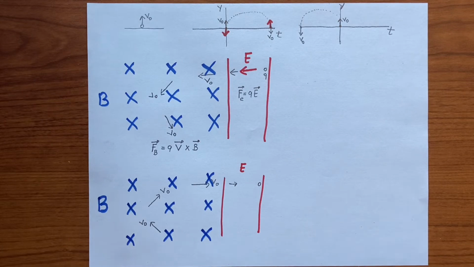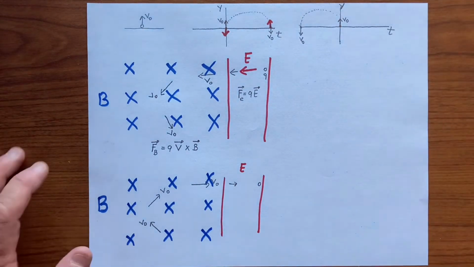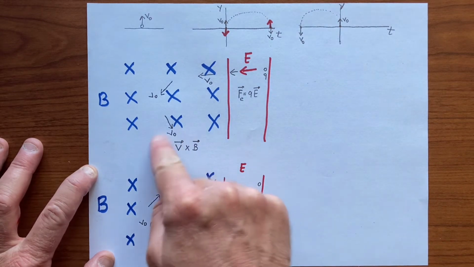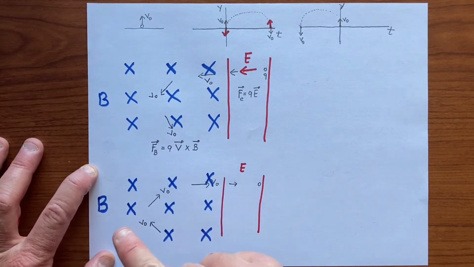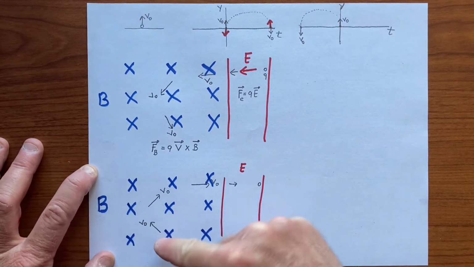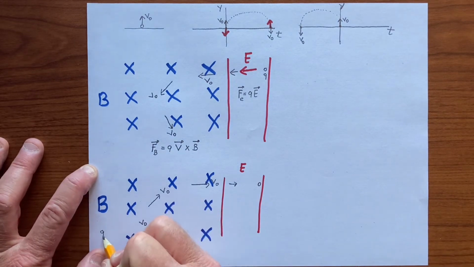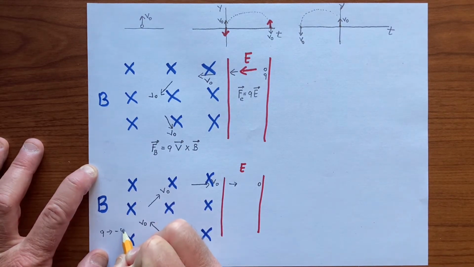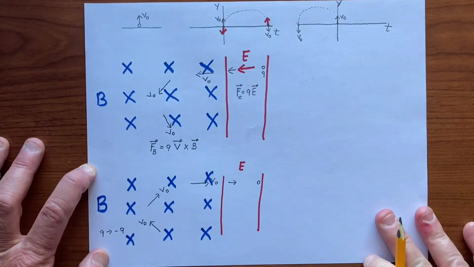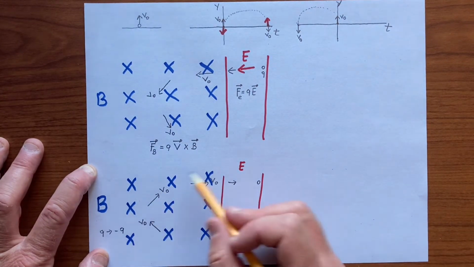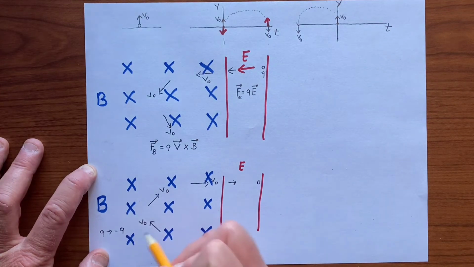So if the particle travels this way, the force here must be this way. So we have V, right? So we still have V cross B, but B is still in, and so that means the force would be this way unless we take Q and turn it into minus Q. So there is the possibility of this kind of motion. It can be made physically reasonable if the charge is instead negative.